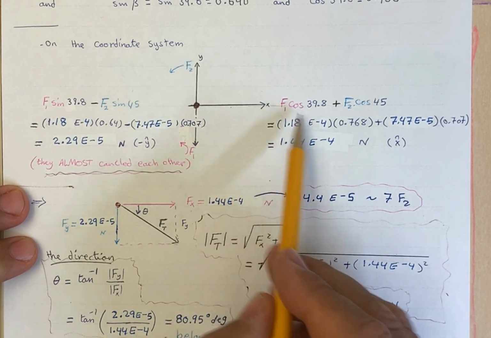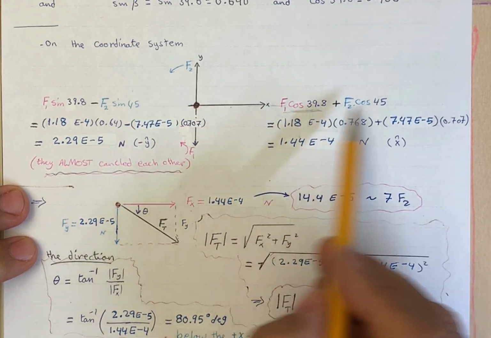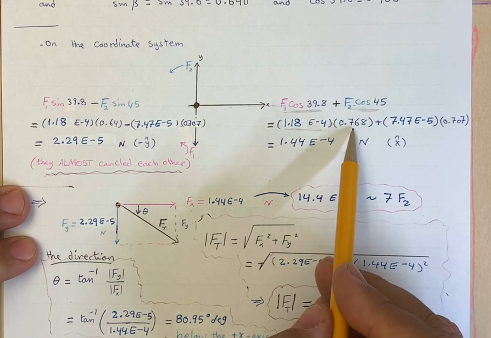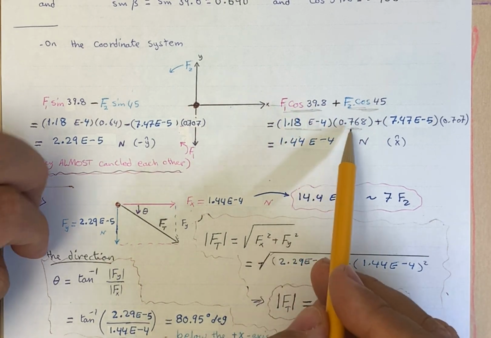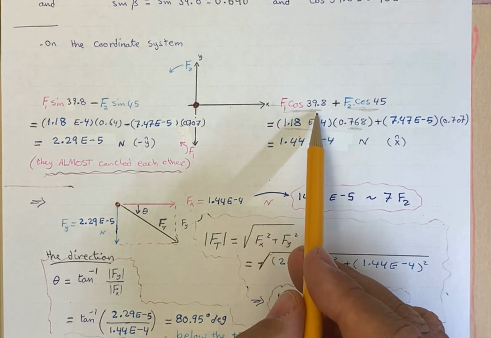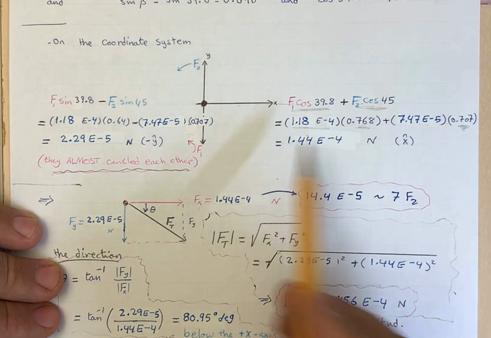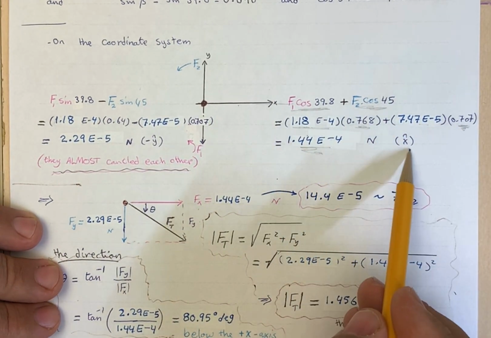We have the first force times cosine beta in this case, and the second force times cosine alpha. This is the resultant force in the x direction.